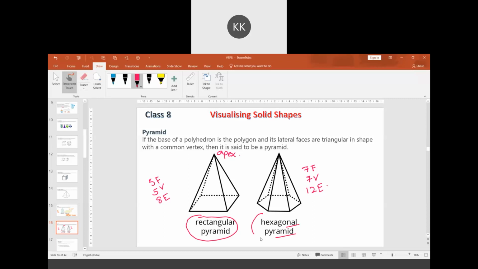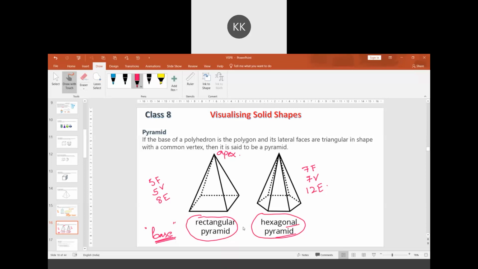You can look at the names of these figures. One is a rectangular pyramid, other is a hexagonal pyramid. Why is it called a rectangular and hexagonal pyramid? Because its base is a rectangle, and its base is a hexagon. Yes, it depends on the base. When the base is triangular, we say triangular pyramid. If the base is a rectangle, rectangular pyramid. If it is a parallelogram, parallelogram based pyramid.